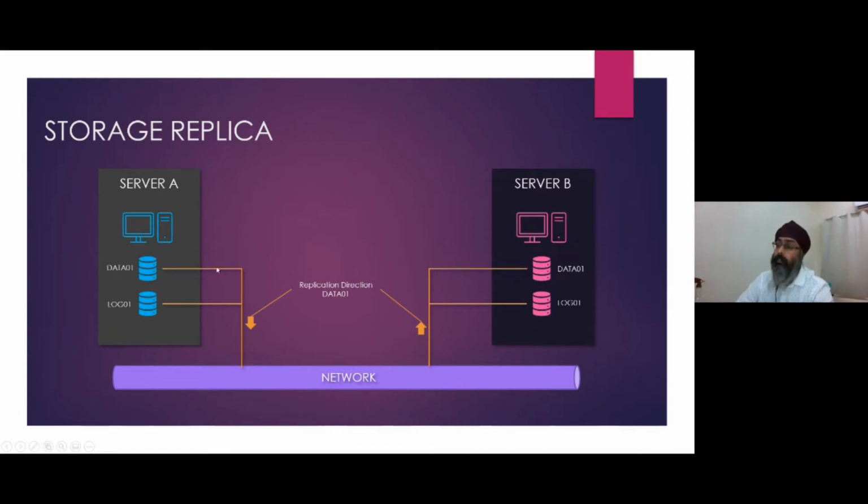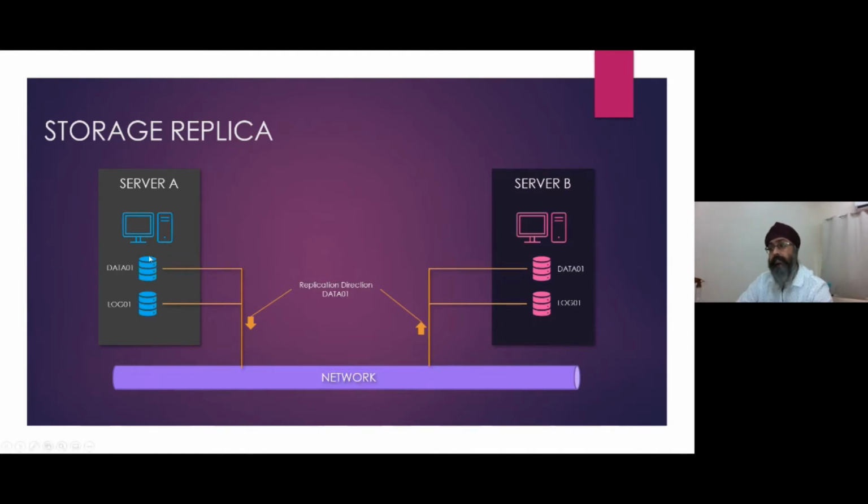All right. So this log volume must be there to enable storage replica to use this for its functions. Data is the disk that I want. As you can see, replication direction is data 01. C drive I'm not going to replicate because it's just OS. I don't need anything from there.